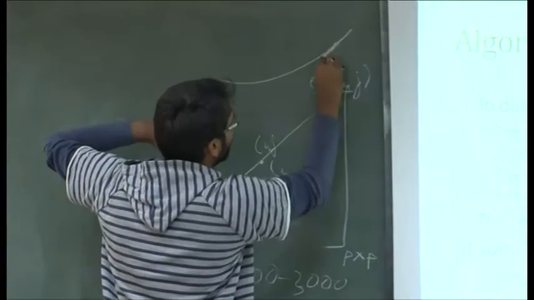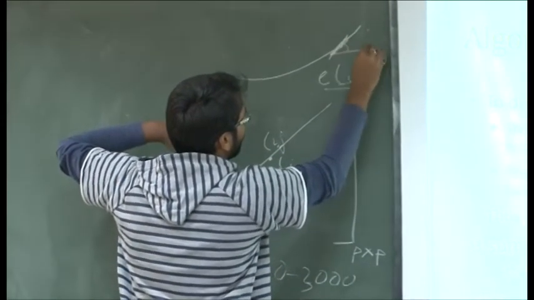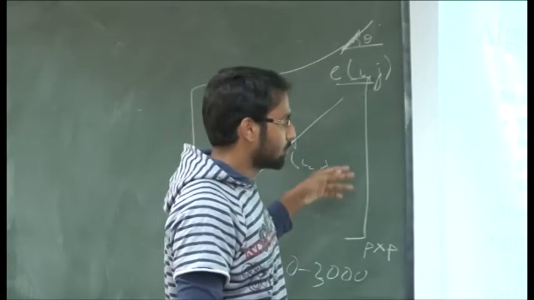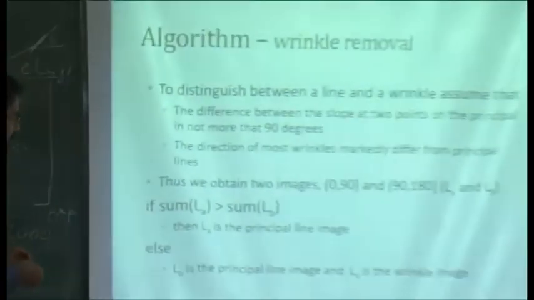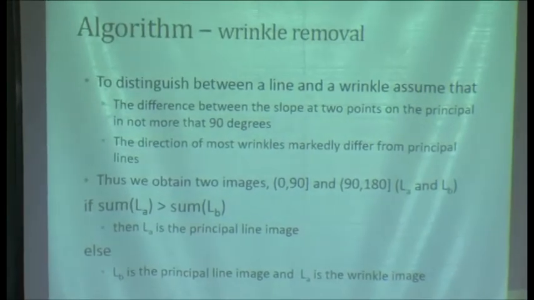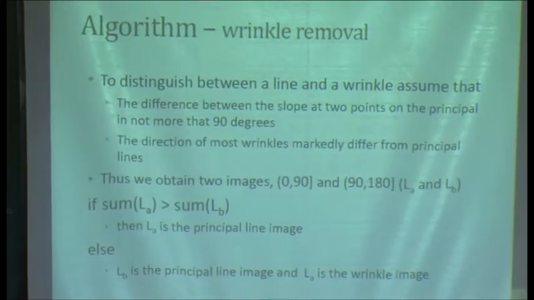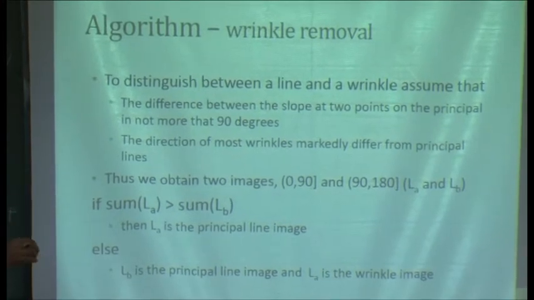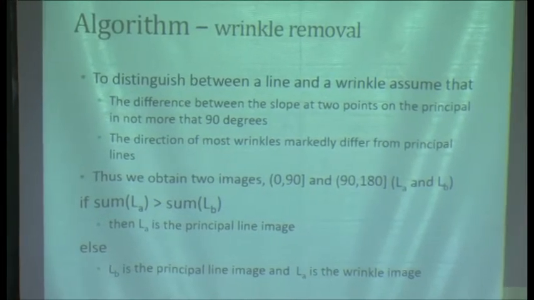For each point, we have calculated this energy and stored the angle, that is, the theta value for which it is minimum. So we know whether it is less than 90 or greater than 90. For less than 90 and greater than 90, we have two different images.